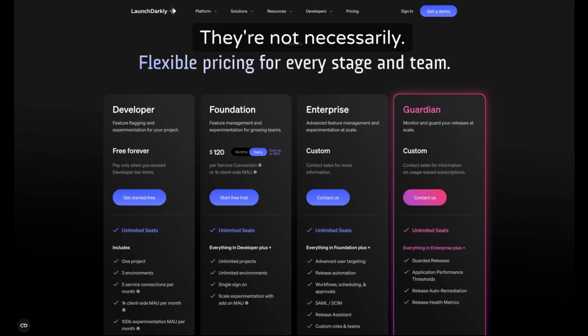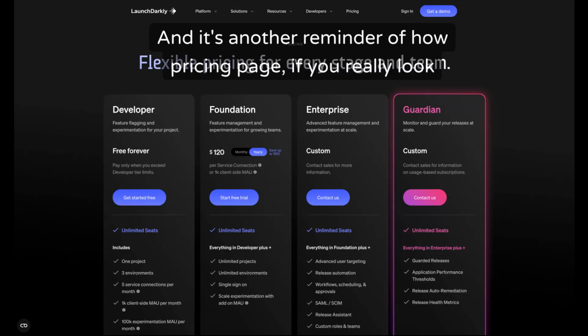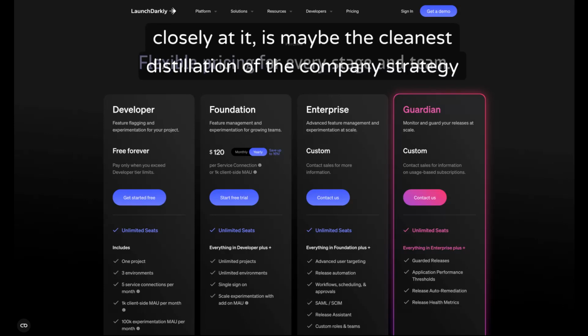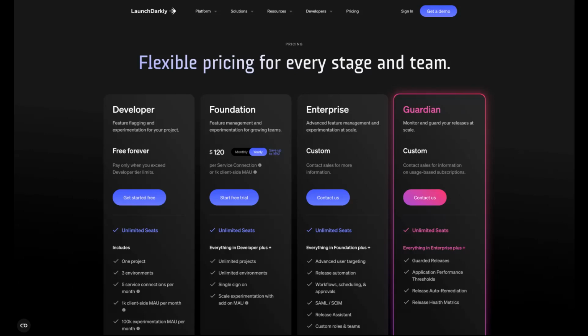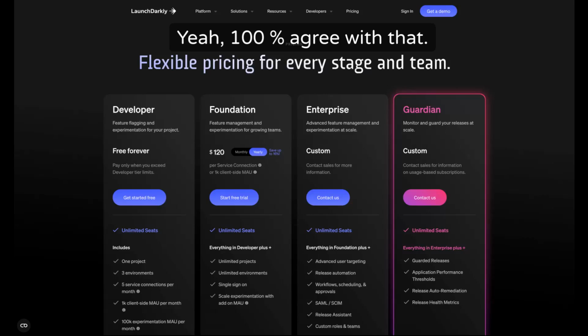They're not necessarily putting a lot of eggs into that basket. It's another reminder of how a pricing page, if you really look closely at it, is maybe the cleanest distillation of the company strategy, in terms of what you can make of it from anything public facing. Yeah, 100% agree with that.